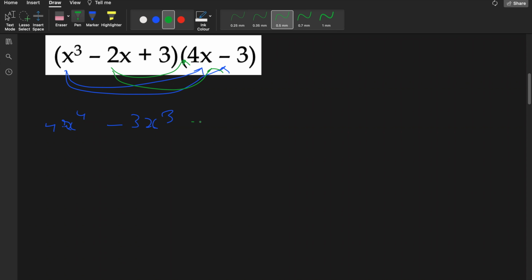So this would give us minus 8x squared plus 6x. Then the final term, that's 12x minus 9. Okay, so now let's collect the like terms.